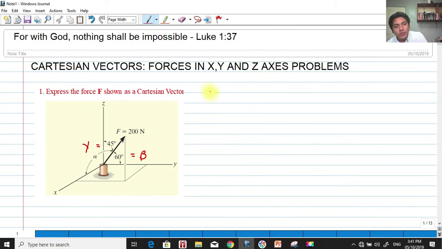So what do we do now? It's very important for us to know this angle in order to write the Cartesian vector. From our formula a while ago, if we know the two angles, beta and gamma, we can get alpha by this relationship, where the sum equals 1.